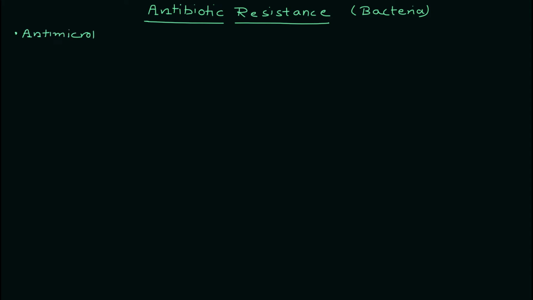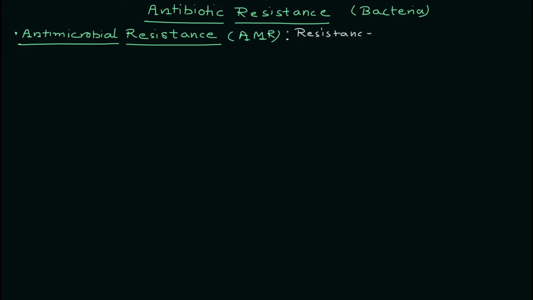Before that, let's write down the other name for antibiotic resistance, which is antimicrobial resistance. And what do we understand by antimicrobial resistance? Antimicrobial resistance is the resistance against the action of the antibiotics. So it is the resistance against the activity or the action of antimicrobial agents or the antibiotics.